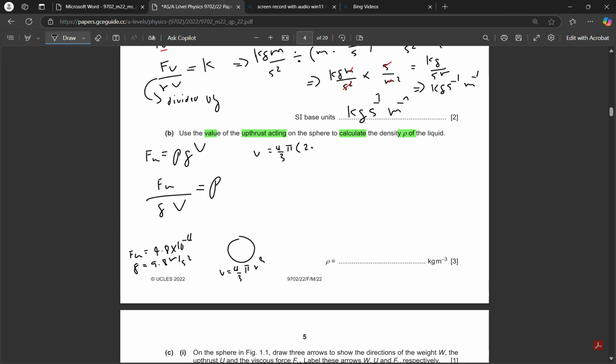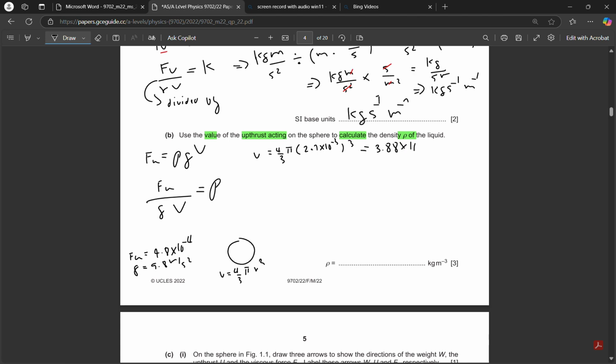So 2.1 times 10 to the power negative 3, cubed. What is that going to give us? If I quickly plug this into my calculator, 2.1 times 10 to the power negative 3 cubed is 3.88 times 10 to the power negative 8 meter cubed.